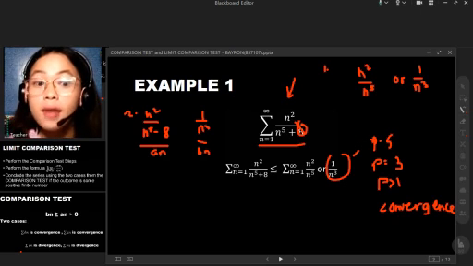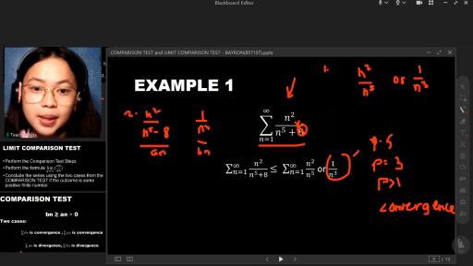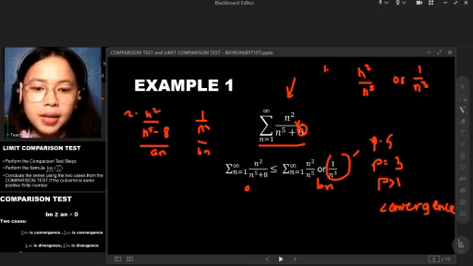Now we have already performed the comparison steps. If the big sequence is convergence, then the small sequence is convergence also.